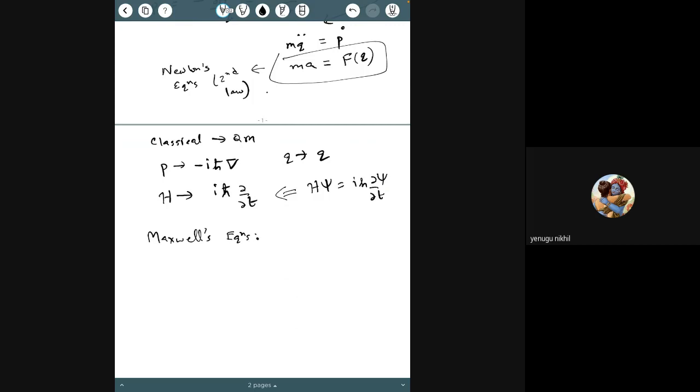Okay, so I'll just write down Maxwell's equations. There are 4 of them, as you know. There are 2 which tell you about the source of the fields, and 2 others which tell you about the relations of the magnetic and electric fields with each other.